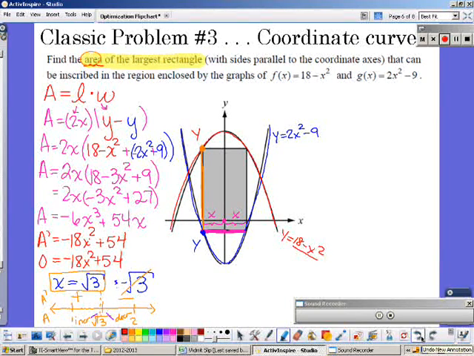Let's do that over here on the side. So I have area equals negative 6 times root 3 cubed plus 54 times root 3.